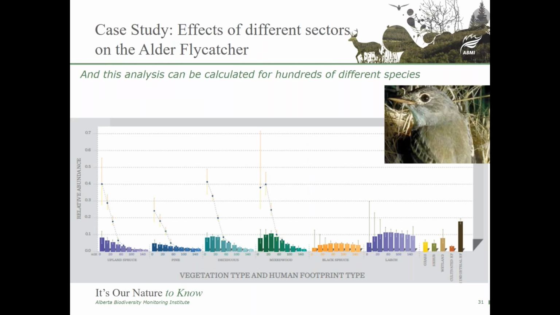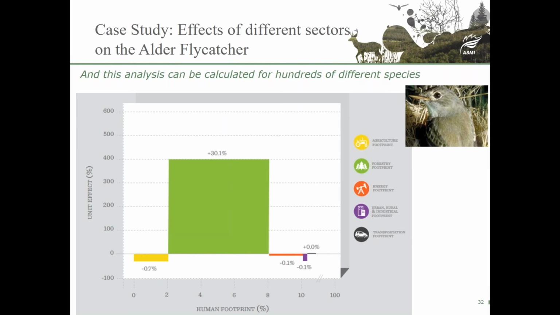So it's possible to run these analyses for hundreds of other species that ABMI collects data on. This is the example with the alder flycatcher, which, unlike the black-throated green warbler, has the highest abundances found in young upland forests regenerating after harvest. Also like the black-throated green warbler, forestry has the strongest per unit effect on the alder flycatcher out of all the sectors.